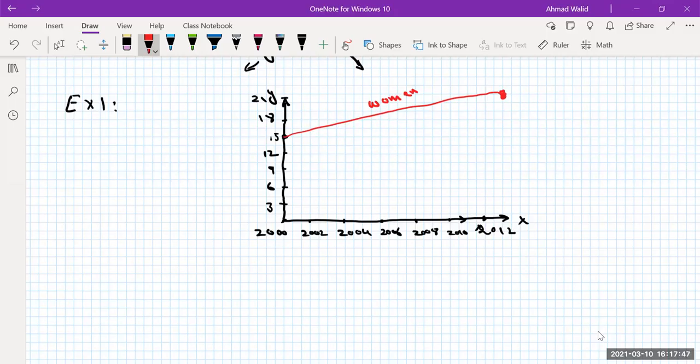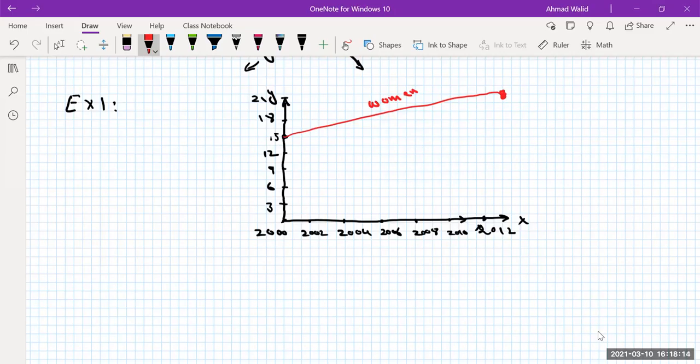And there is also a blue one, which shows how many men are living alone in the United States during these years. Now, the question is, they're asking you, the line graphs for the number of women and men living alone are shown again in this diagram that I drew for you.